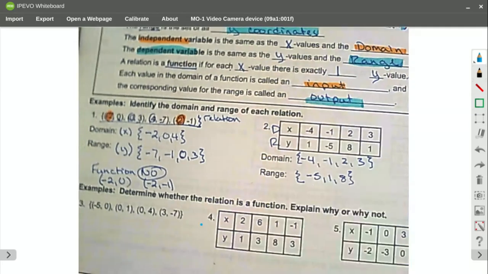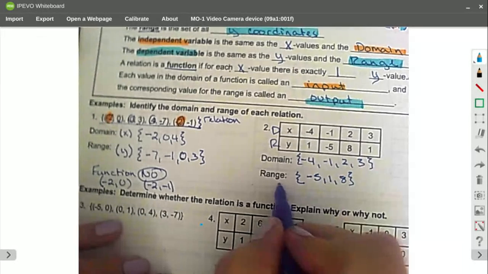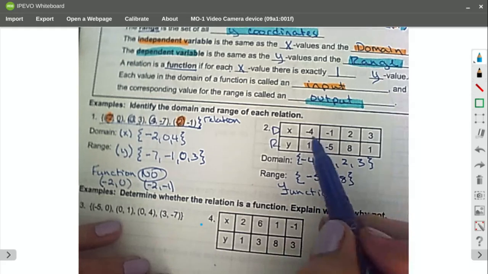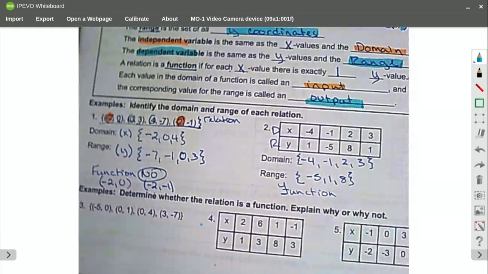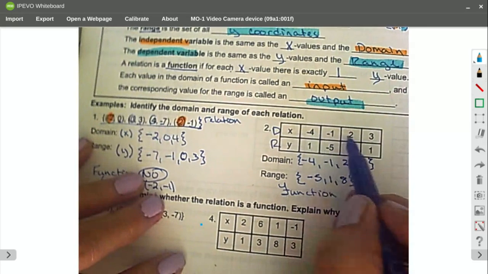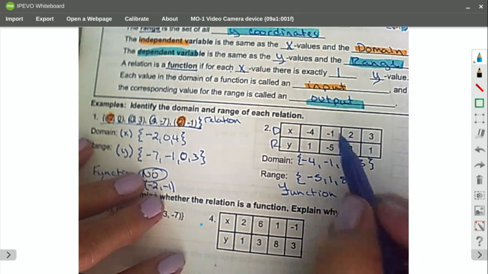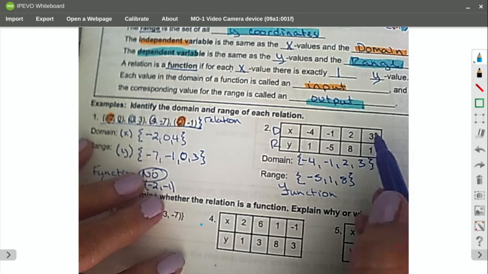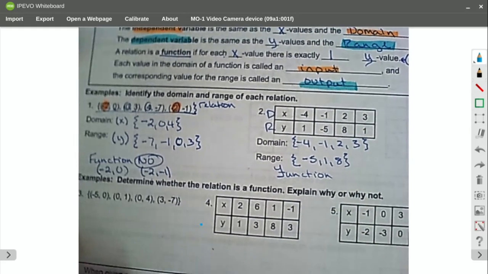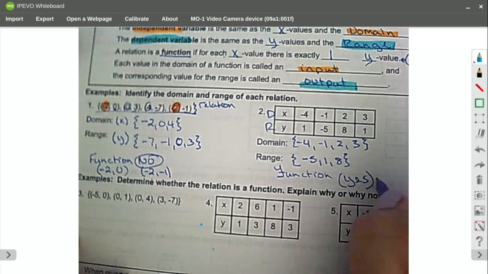Again, that 1 showed up twice, so I don't have to write it twice, just one time. Now, is this a function? Look at your x's. Do any of those numbers show up more than once? No. So since all of these got their own y, -4 has a 1, -1 has a -5, 2 has an 8, 3 has a 1. None of these ended up repeating x, so I get to say yes, it's a function.